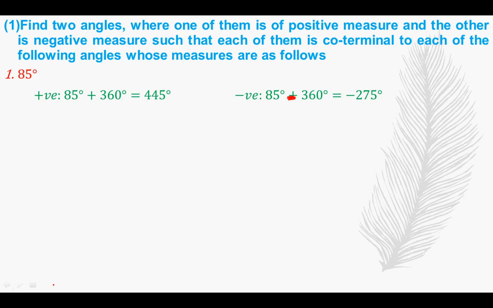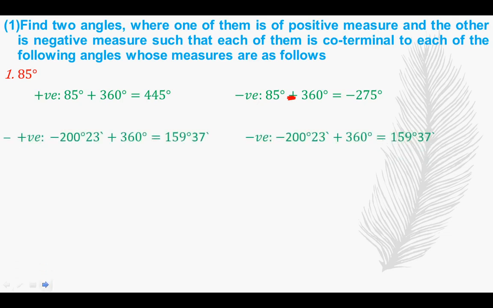Example 2. Here we have a negative angle. Its measure is negative 200 degrees and 23 minutes. To find a positive coterminal angle, we add 360.